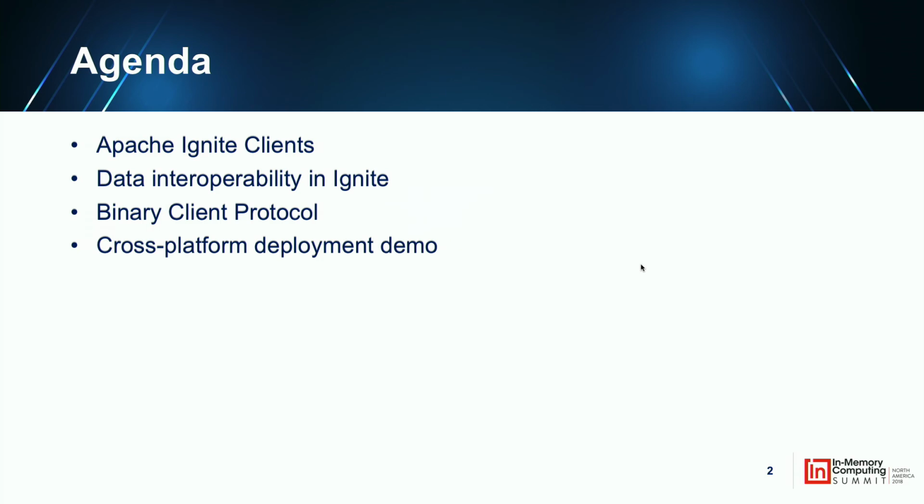We'll talk about data interoperability in Ignite, how it all works, how clients and applications running on multiple platforms in multiple languages can share the same data and work with the same data. I'll speak in a little bit more detail about binary client protocol, and we'll show the live demo. Hopefully it's going to work. It has a lot of moving parts. It's going to be live.